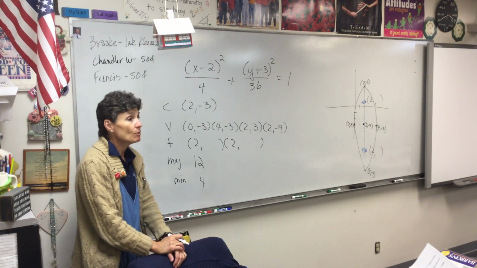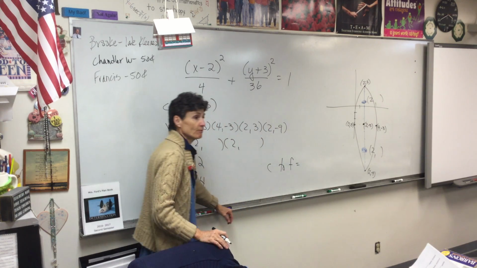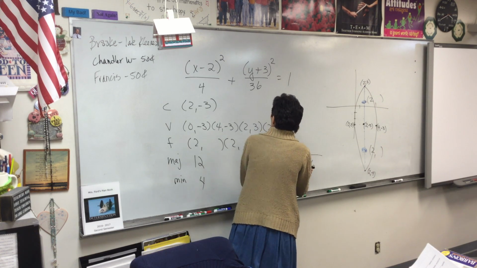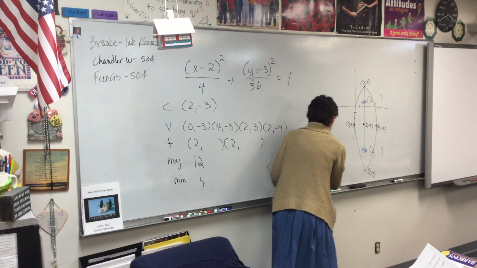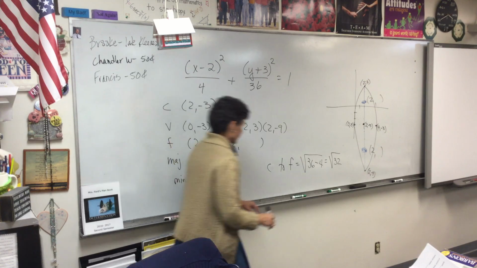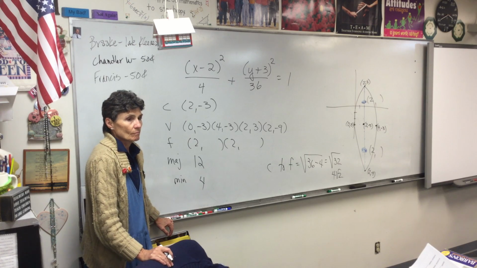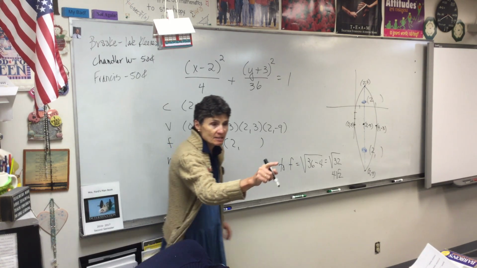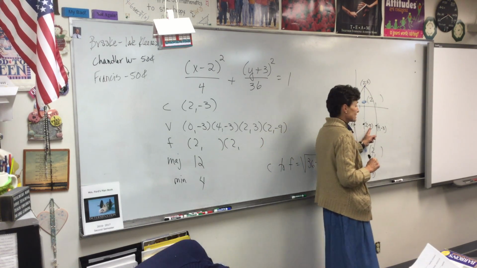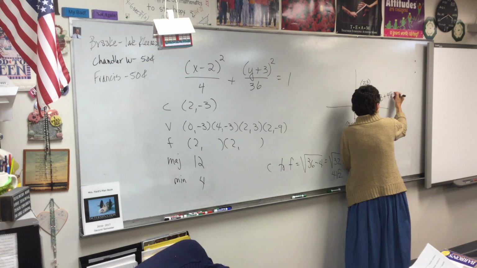Now, how do I find the distance from the center to the focus? Square root of 36 minus 4, which would be the square root of 32, which is 4 root 2. Now what? I gotta add and subtract it from my center point, right? So my center point is at -3. So I am gonna add 4 root 2.